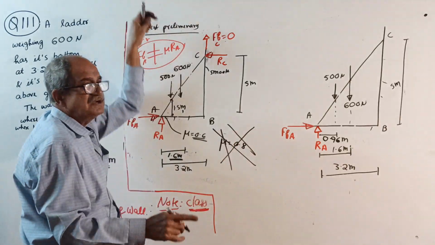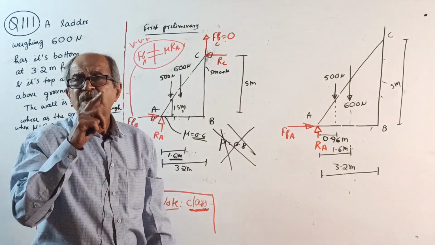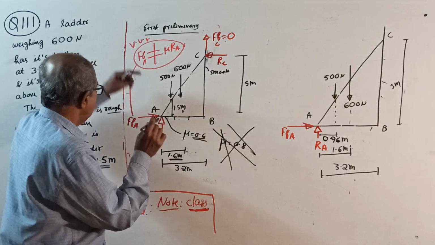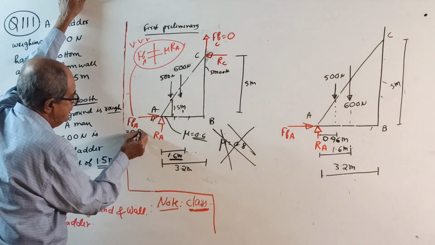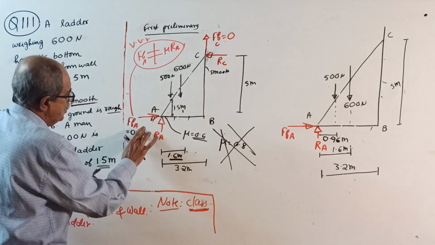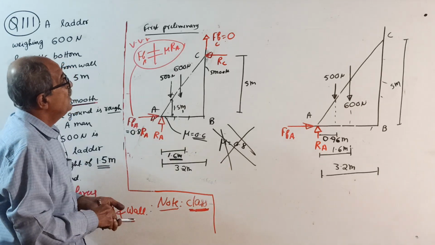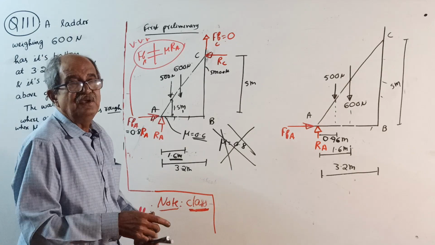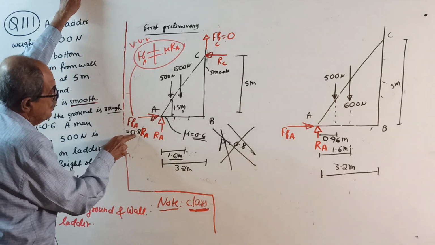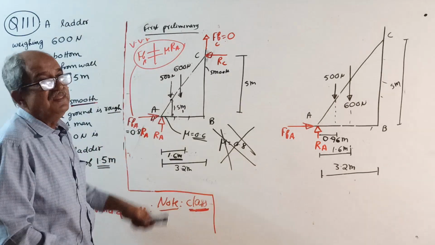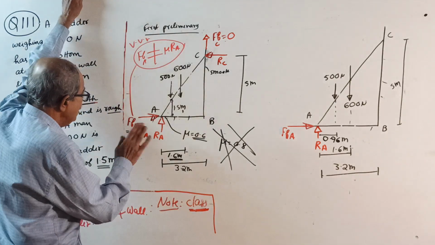It is given just to confuse, they want you to make the mistake of taking this FF equal to 0.8 times RA. They want you to make the mistake. So we will not make the mistake.